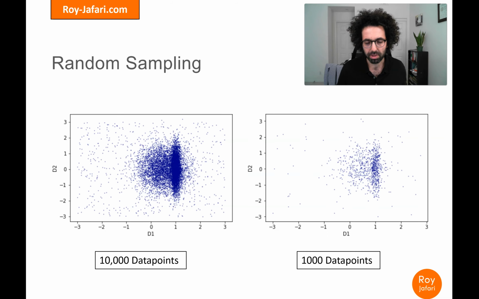So the first method is random sampling. Random sampling, as sort of shown in this figure, is the idea of selecting less than the number of the data objects that are in your data set to reduce the number of data objects in your sample.